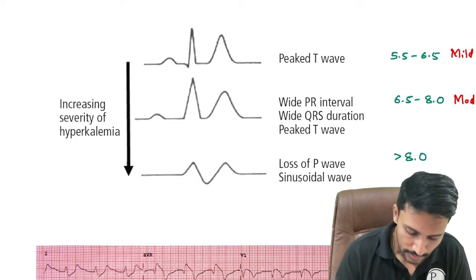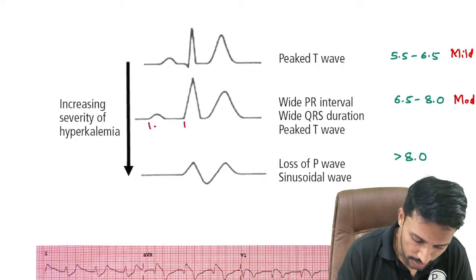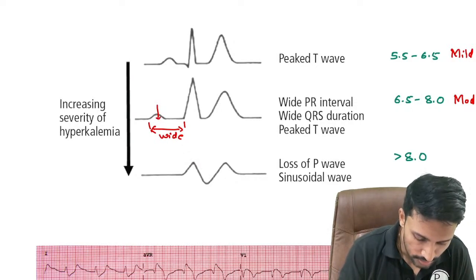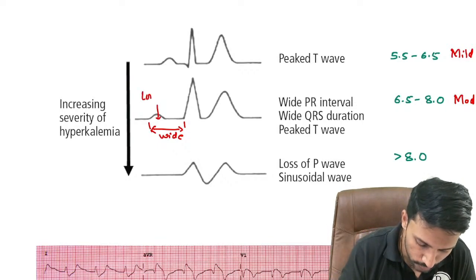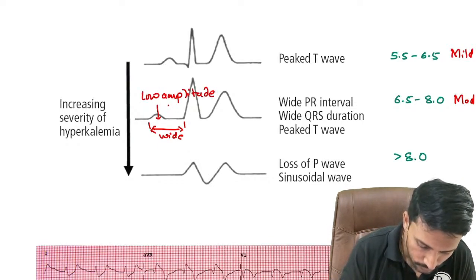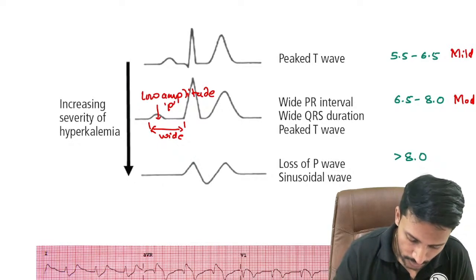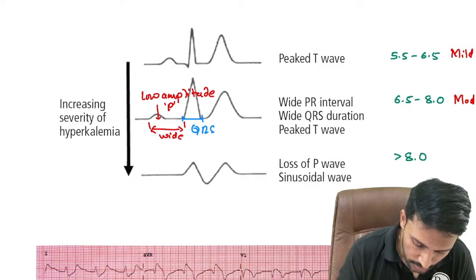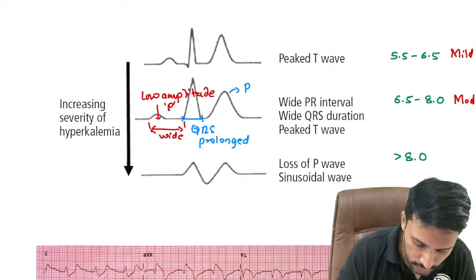At this point of time, the PR interval starts becoming wide. Then the P wave starts becoming short, or stunted, or low amplitude. And then the QRS starts becoming prolonged or wide, and of course the peaked T waves will persist.